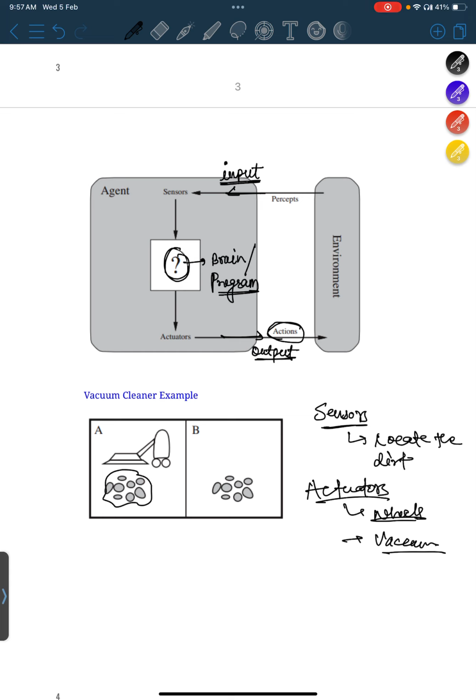In the simplest way, you can think of it like input one corresponding to output one, input two corresponds to output two, input n corresponds to output n. So you can think of it as a sequence of one-to-one mappings: if this input is coming, then do this output and take this action. One simple model you can think of is a simple map table which stores what the input is and what the output is.